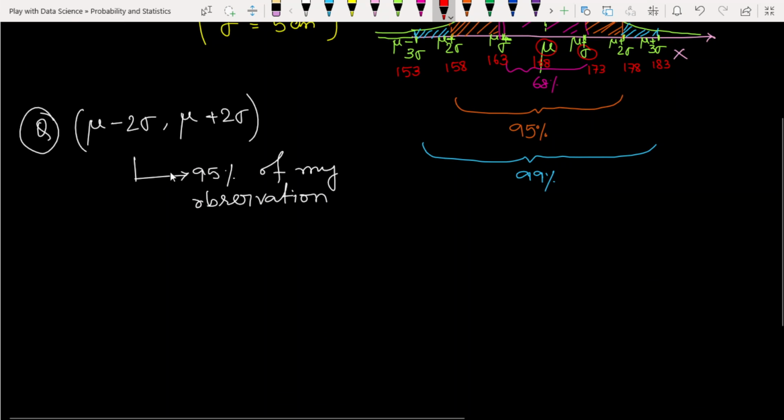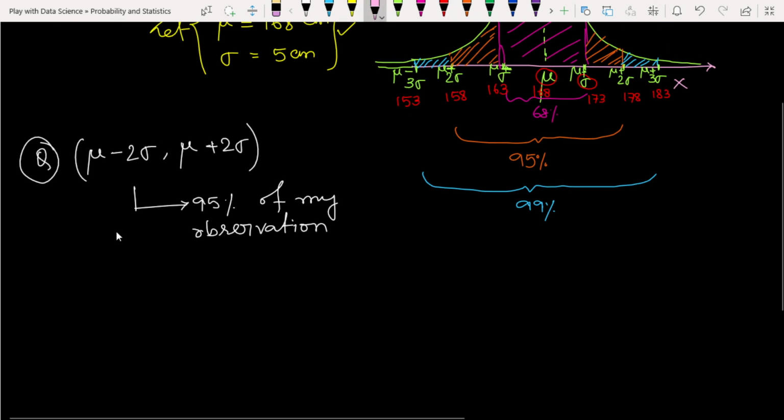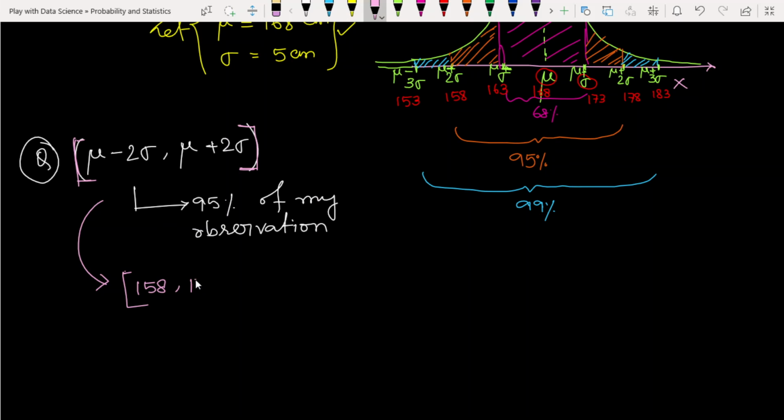Now what is this range talking about? This range is from mu minus 2 sigma to mu plus 2 sigma, so this interval, 158 to 178, is the range of two standard deviations.